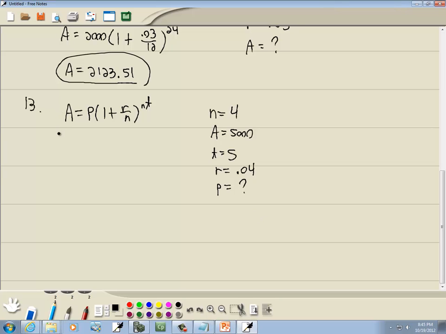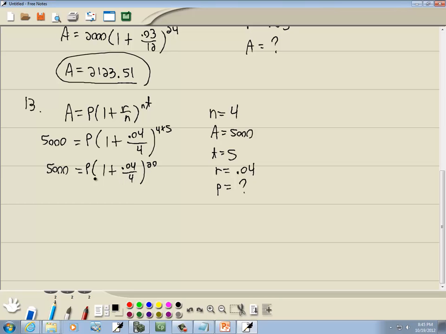Okay, so let's plug in what they give us. We got 5,000 for A. P we don't know. 1 plus r, which is 0.04, divided by n, which is 4, raised to the nt power, so 4 times 5, which is the 20th power. 1 plus 0.04 divided by 4 raised to the 20th power, that's just a number.